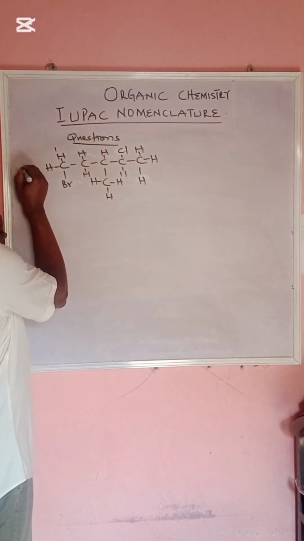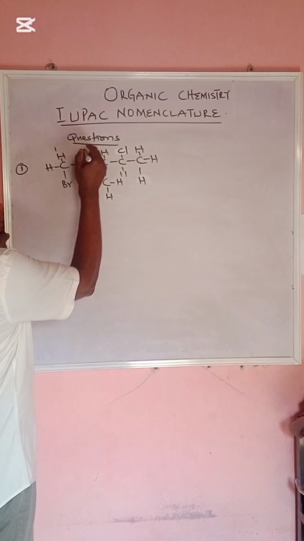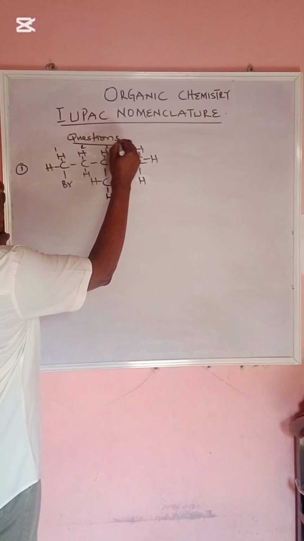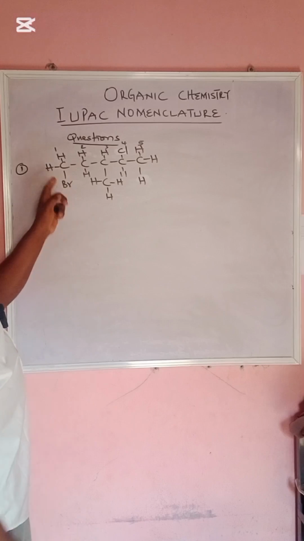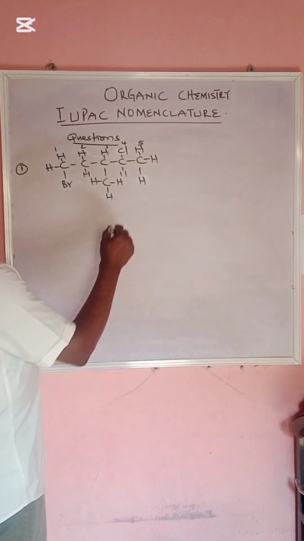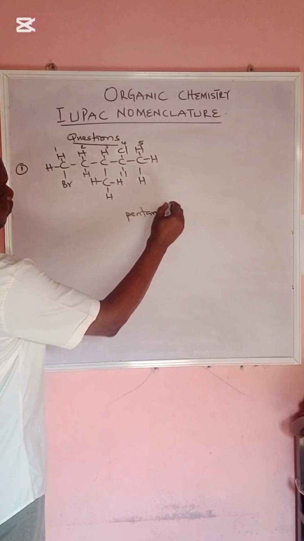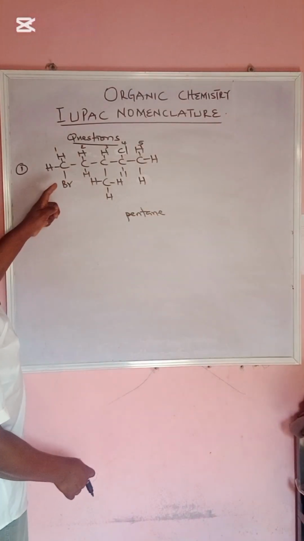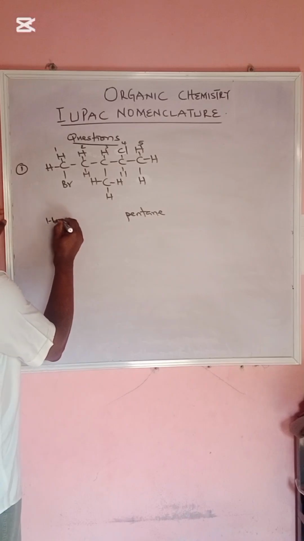Yes, let me hear question 1. 1, 2, 3, 4, 5. The longest is 5, so the parent name is pentane. Bromine is attached to carbon 1, so I will say 1 bromo.